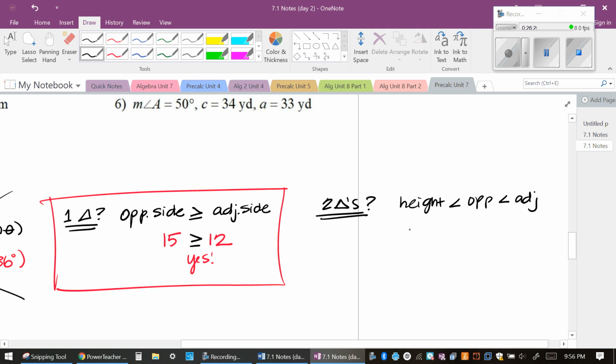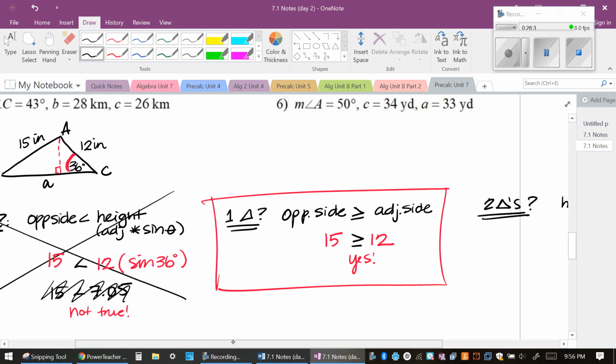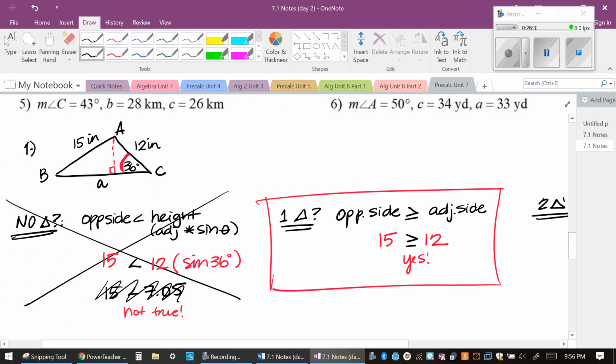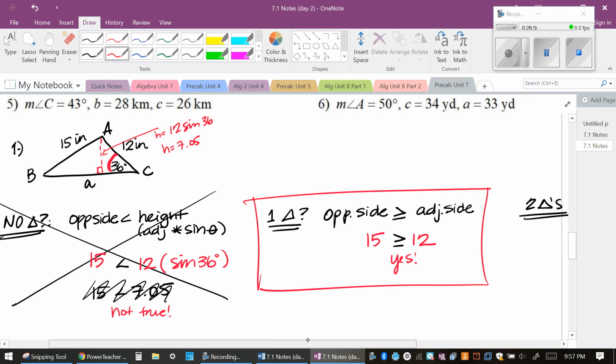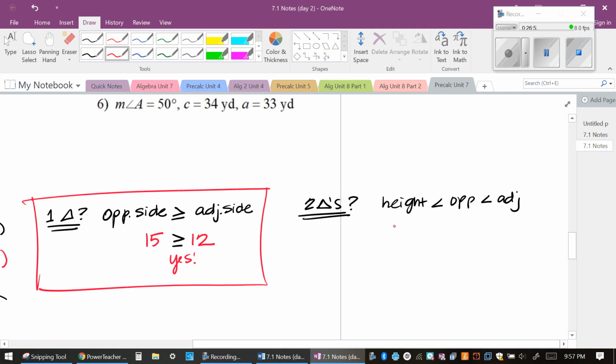My height was adjacent times sine of theta, which I already found to be 7.05.